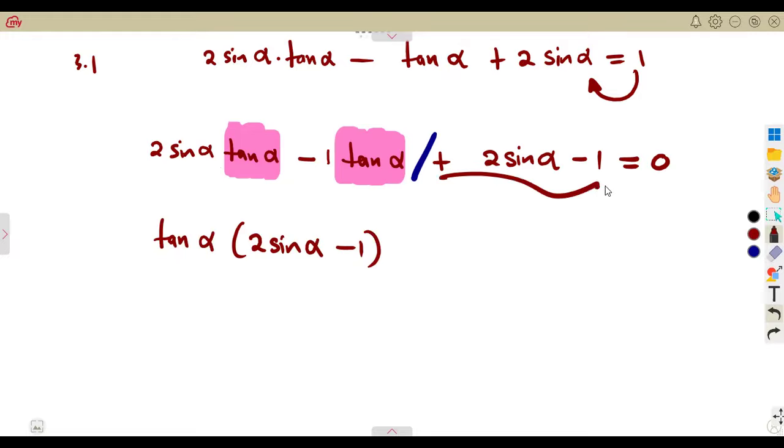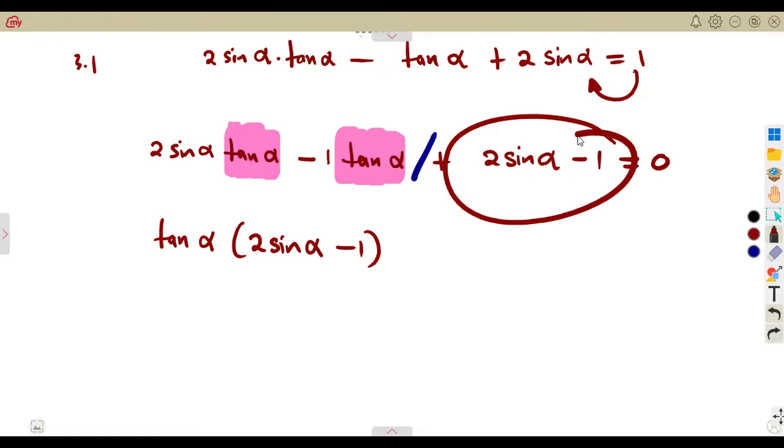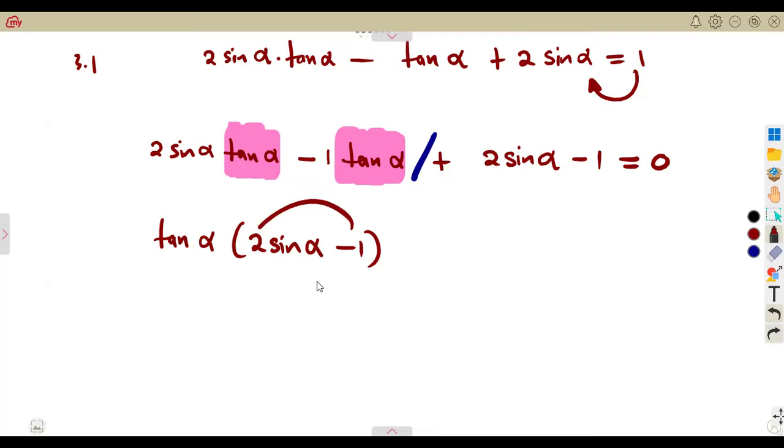On the remaining 2 terms, is there anything common that you're going to factor out so that this here will be the same as what we have? And as you can see, it's exactly the same. So what can we factor out so that it will remain as it is? You factor out a positive 1 so that it will remain as it is.